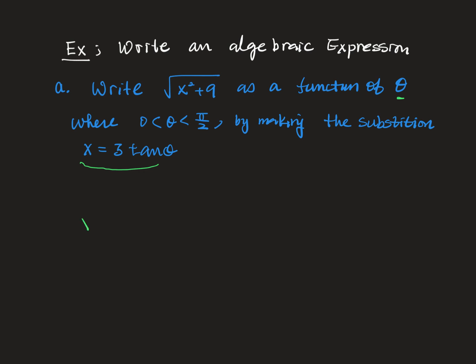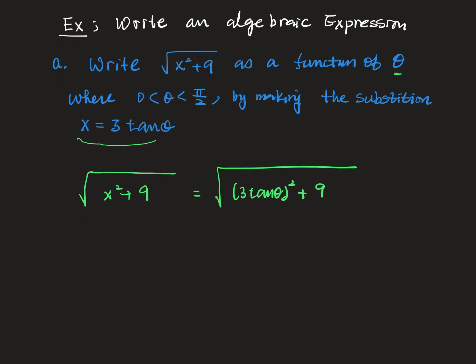So the square root of x squared plus 9. What is x? 3 tangent theta, squared, plus 9. You see, 3 tangent theta squared means 3 tangent theta times 3 tangent theta. So 3 times 3 is 9, tangent times tangent is tangent squared theta.